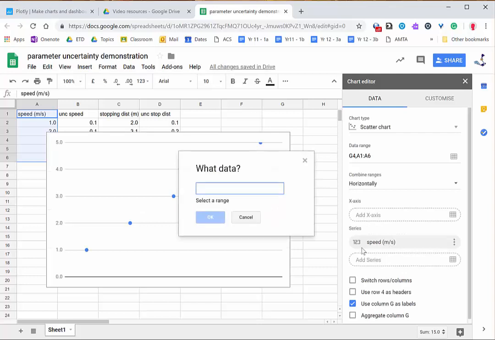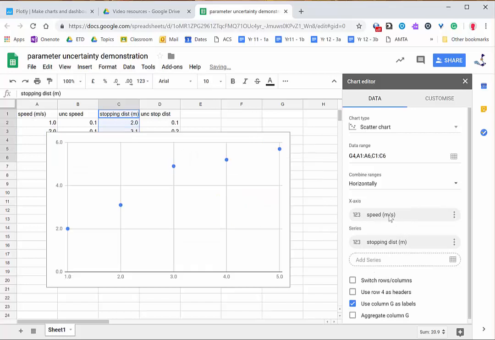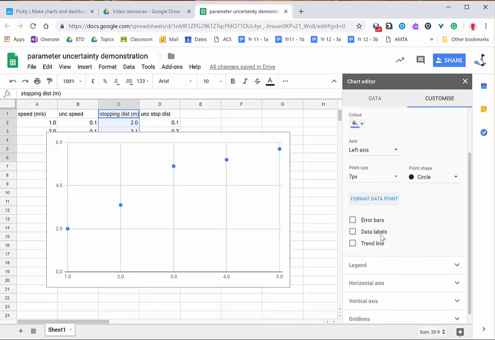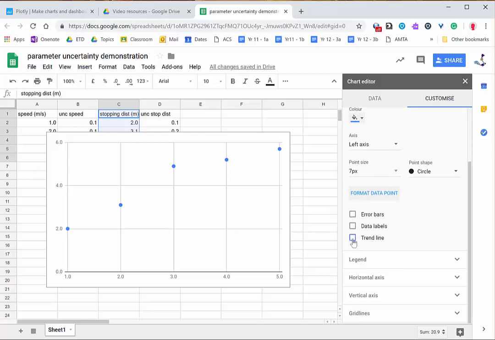And I'm going to add the stopping distance for the next. So this has our speed as the x-axis and the stopping distance as the y variable. I'm also going to include, under the series here, a trend line.